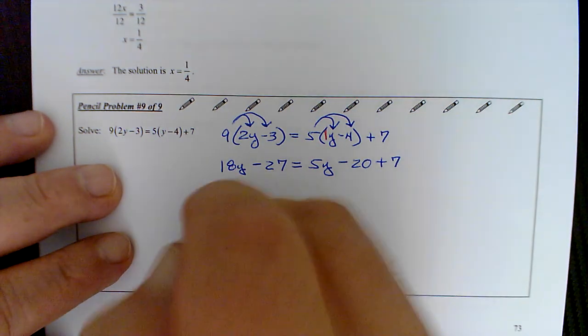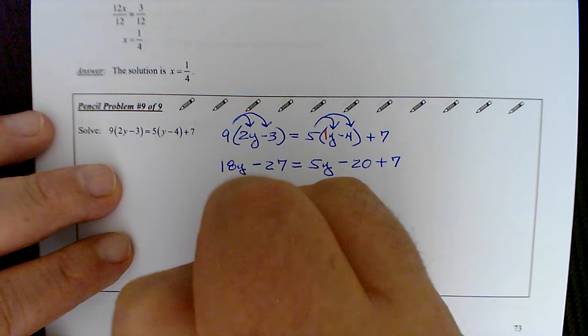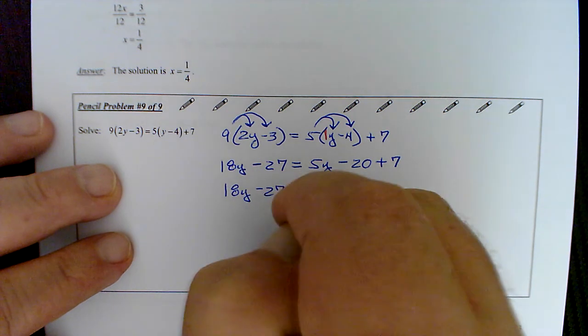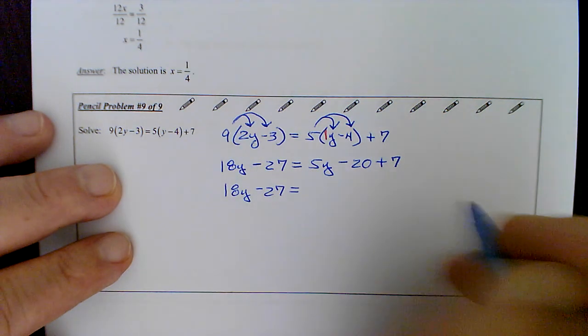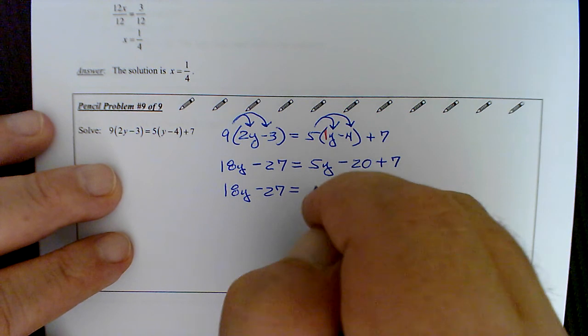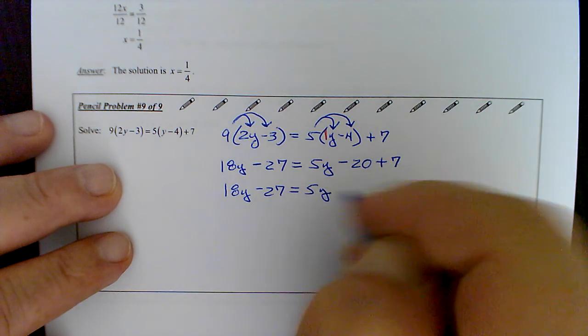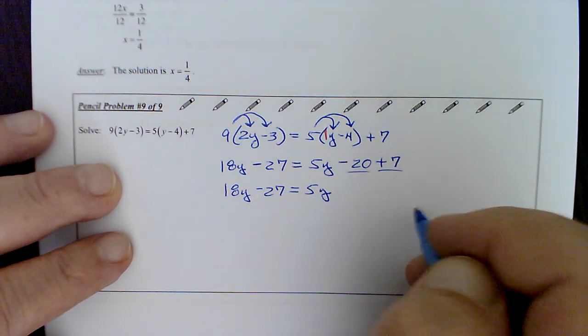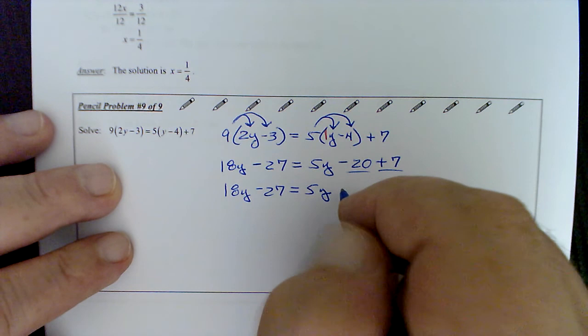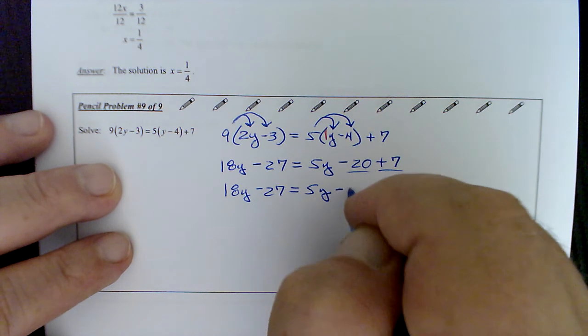Okay, on the left there's only 2 terms, they're not like, so just recopy, but on the right we see 3 terms, so we know something can be combined. There's only one thing containing y, the 5y, which we recopy, and combining the negative 20 and the positive 7, we get negative 13.